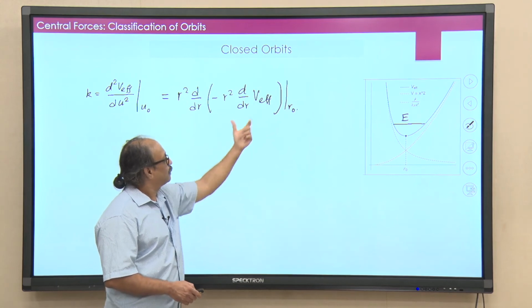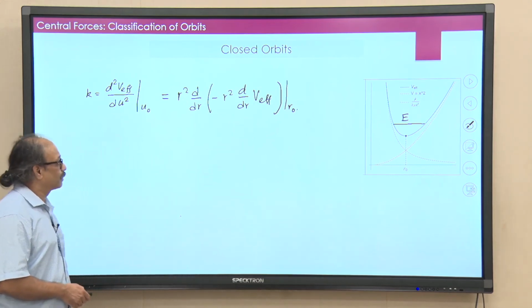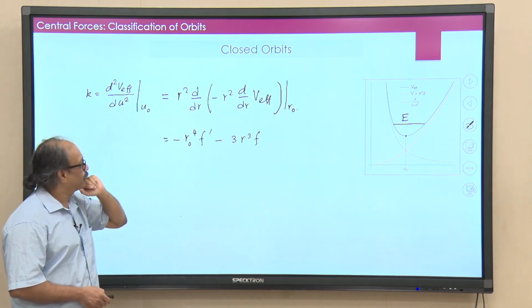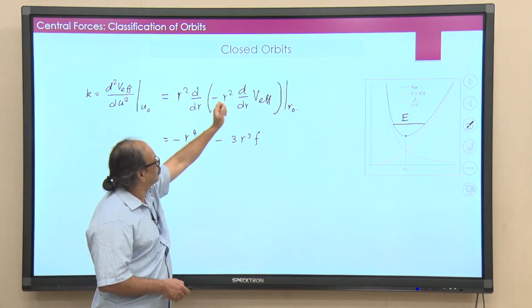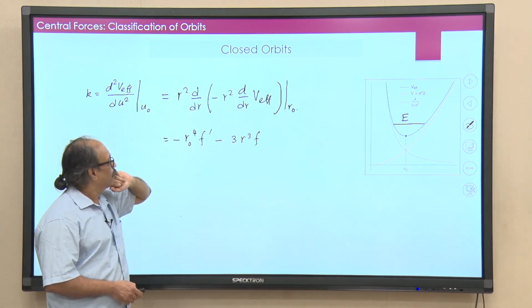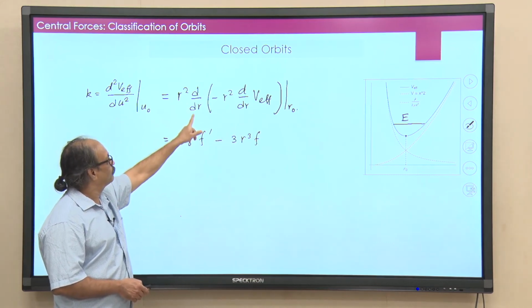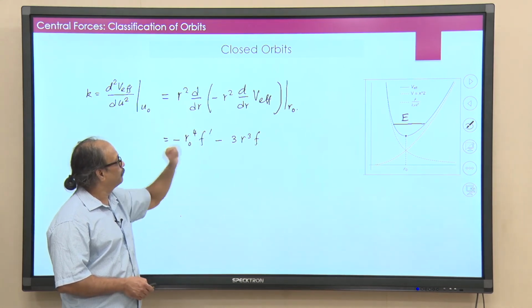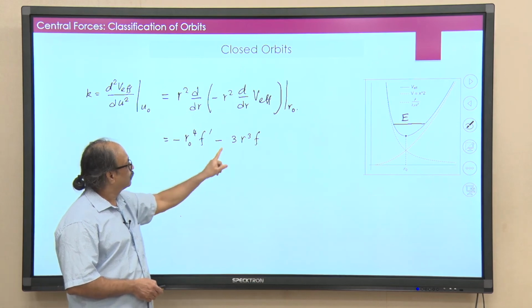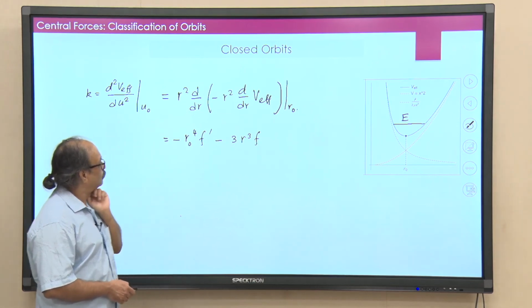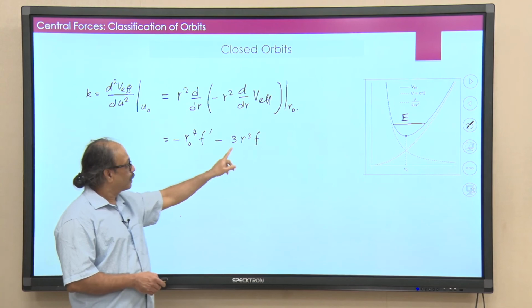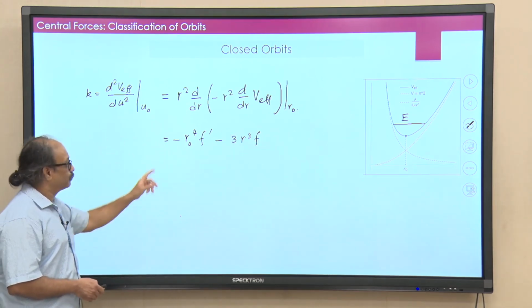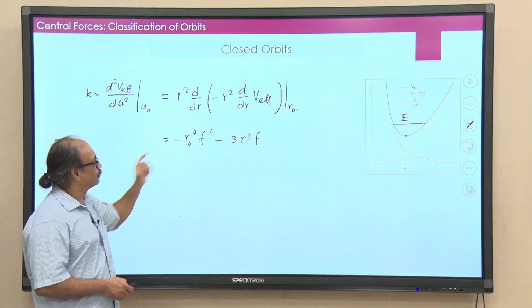But what is this? That is nothing but the force. And if I calculate all of this, I would get r square times f, and then you take one more derivative. So it would be r to the power 4 into f prime, and then r cube times f, and there is one more term. I will ask you to do this calculation from here to here.